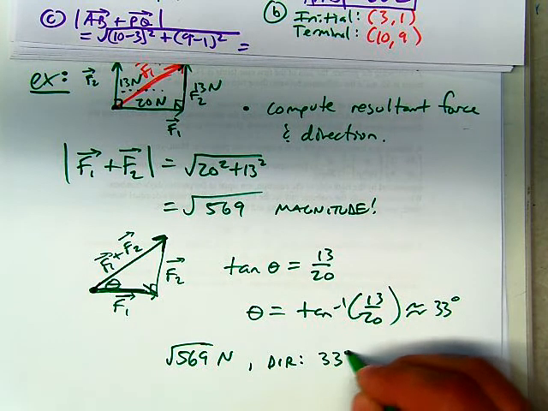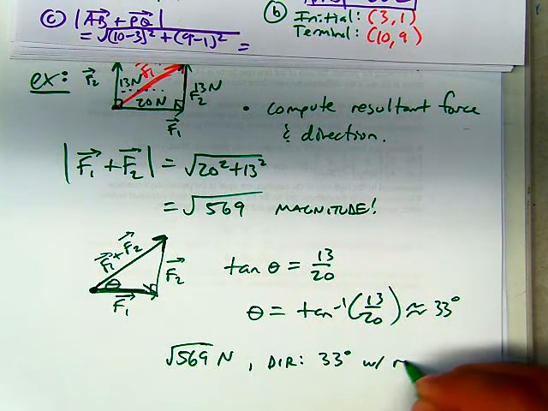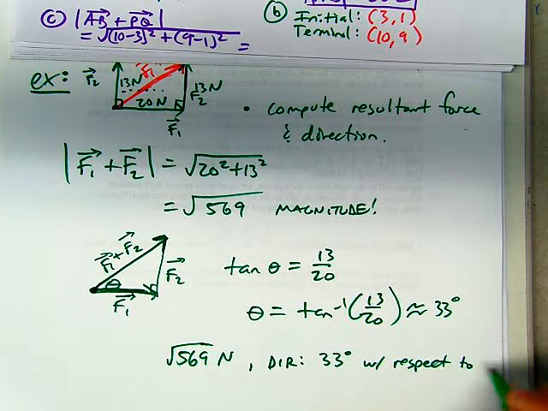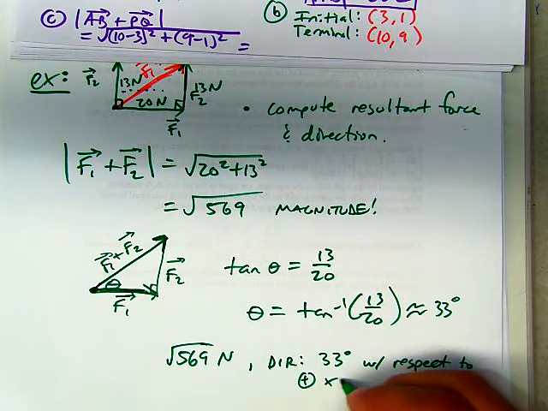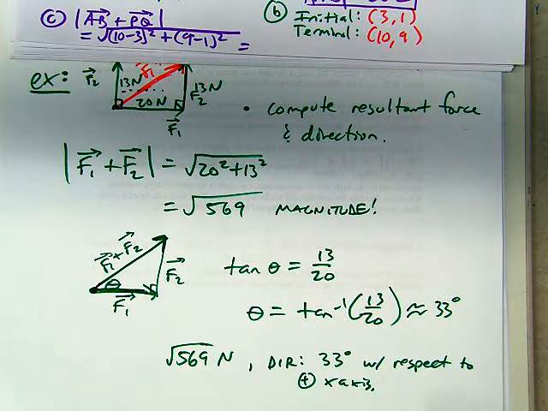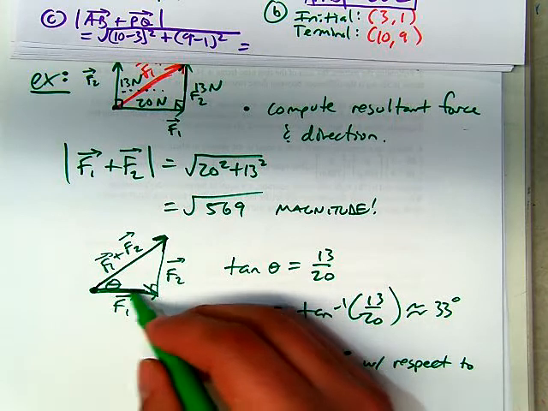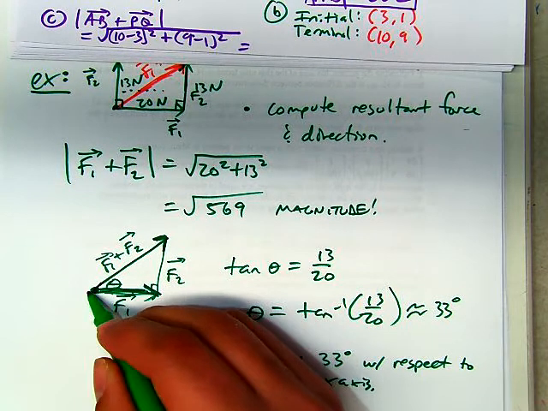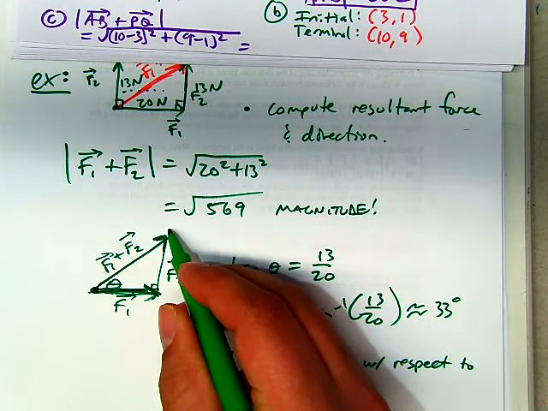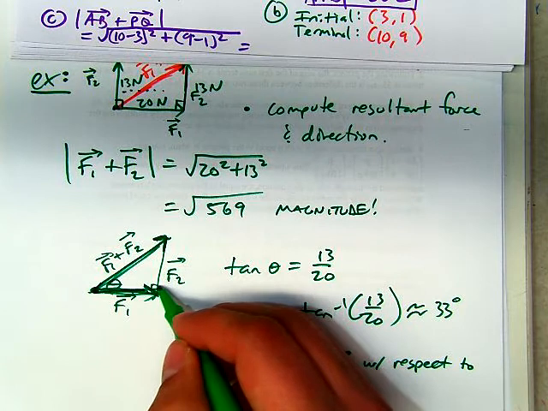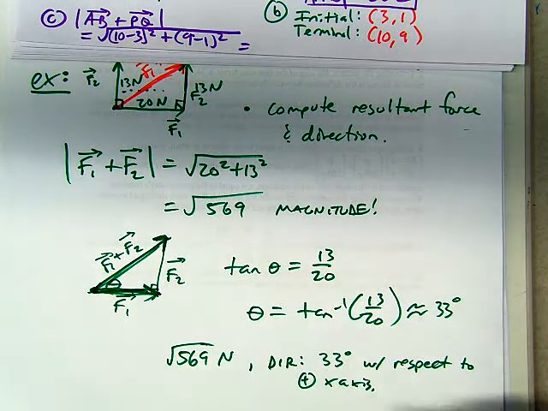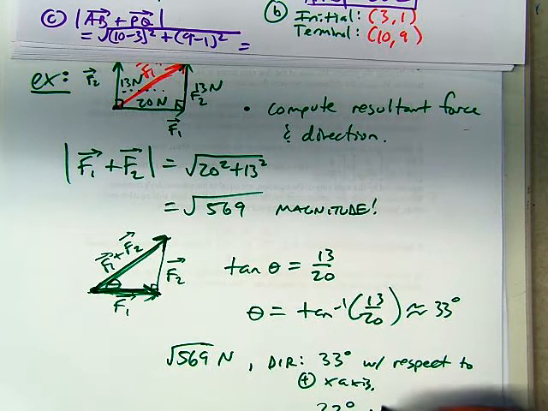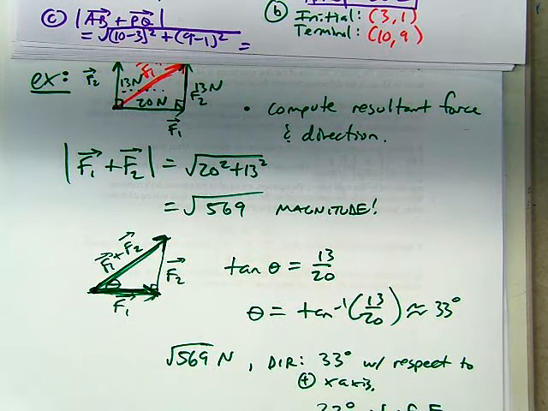We can say 33 degrees with respect to positive x-axis. Or if you're in physics, you can kind of think of this direction as being east, and this vector is pointing north of east. So you could also say 33 degrees north of east. That would be the other way of doing it.